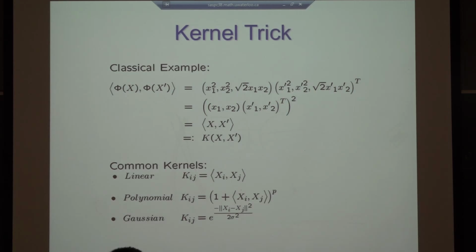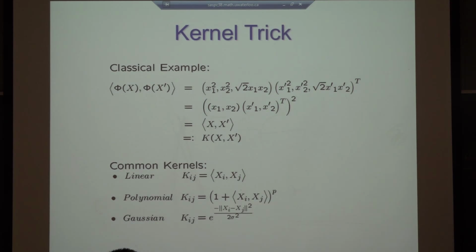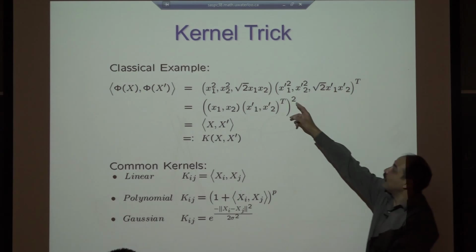Suppose that you have these two vectors, and compute the inner product between these two. This is your phi of x transpose times phi of x prime. You can verify that the inner product between these two vectors is the same as the inner product between these two, squared.